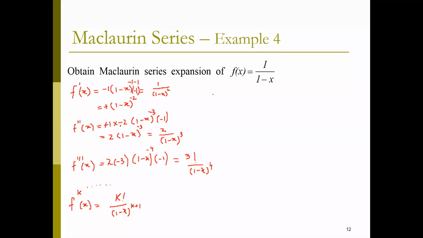In the Maclaurin series, f x can be written as f 0 plus f dash 0 divided by 1 factorial and x raised to the power 1, then f double dash 0 divided by 2 factorial and x raised to the power 2, and so on.